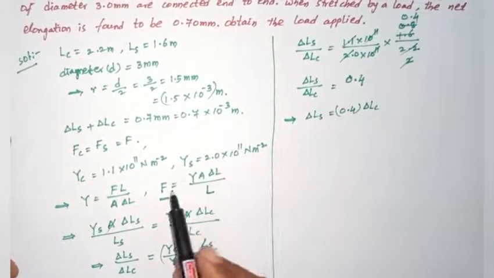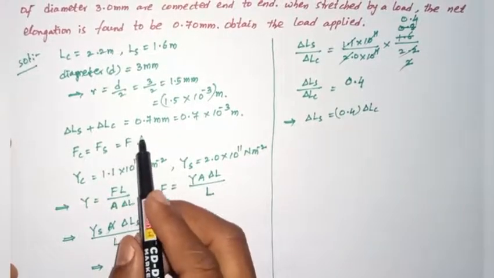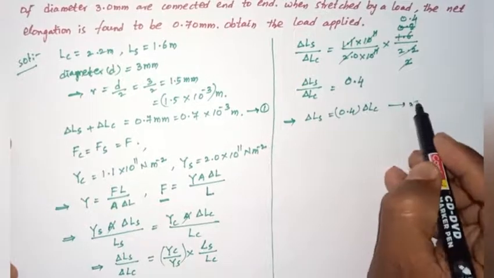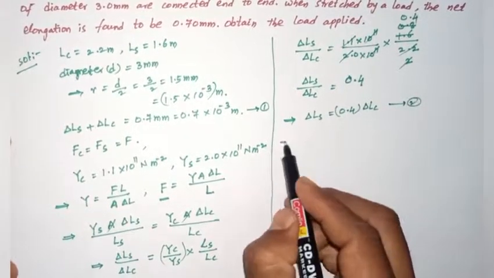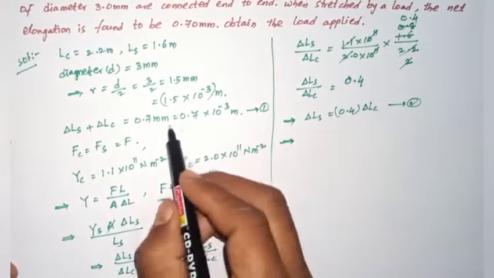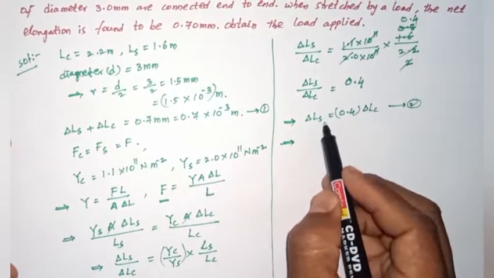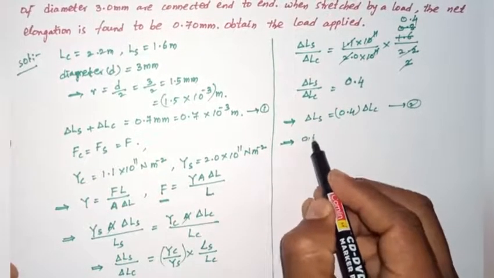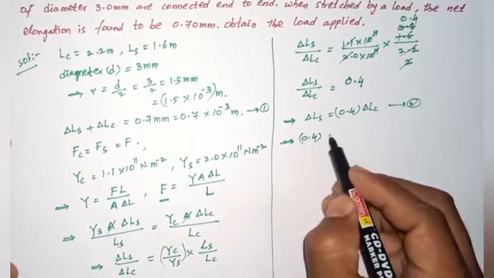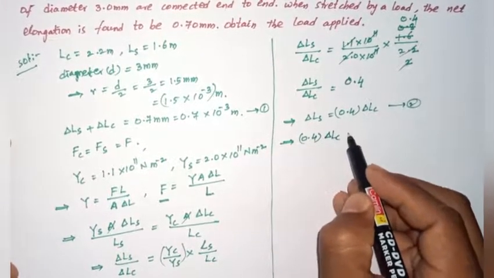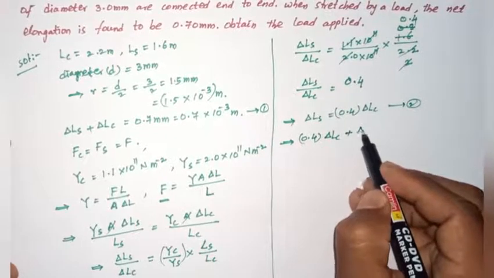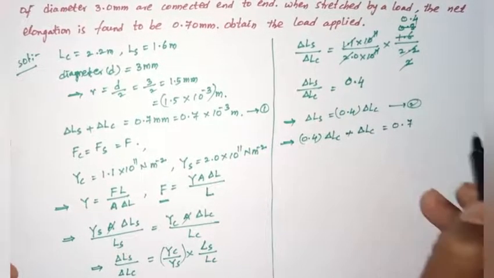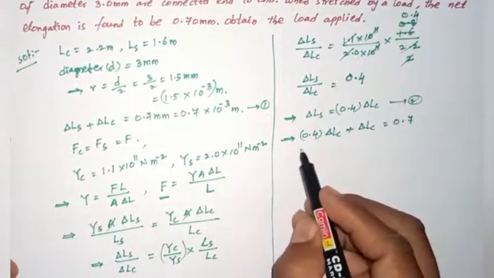Let this be equation number 1 and this equation number 2. Substituting delta Ls in equation 1: 0.4 into delta Lc plus delta Lc equals 0.7 millimeters.